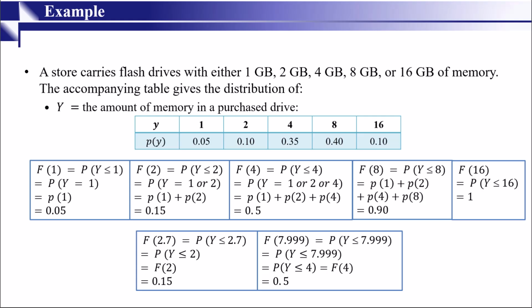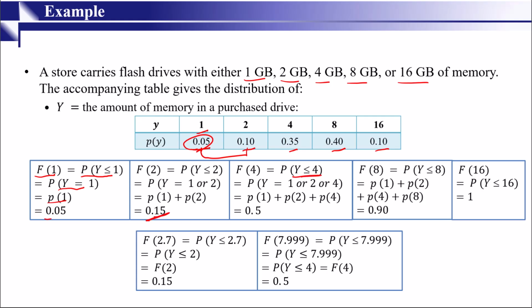A store carries flash drives with either 1 gigabyte, 2 gigabyte, 4 gigabyte, 8 gigabyte, or 16 gigabyte. This is the table we have here, and Y is the amount of memory in a purchased drive. So 1 is equal to 5%, 2 is 10%, 4 is 35%, 8 is 40%, and 16 is 10%. For the CDF of Y, the probability of Y less than or equal to 1 is equal to the probability of Y equal to 1, which is 0.05. For 2, we simply sum these up together, 15%.